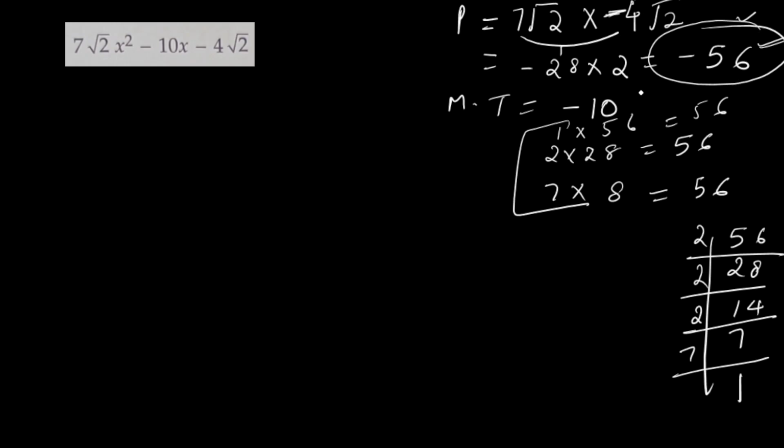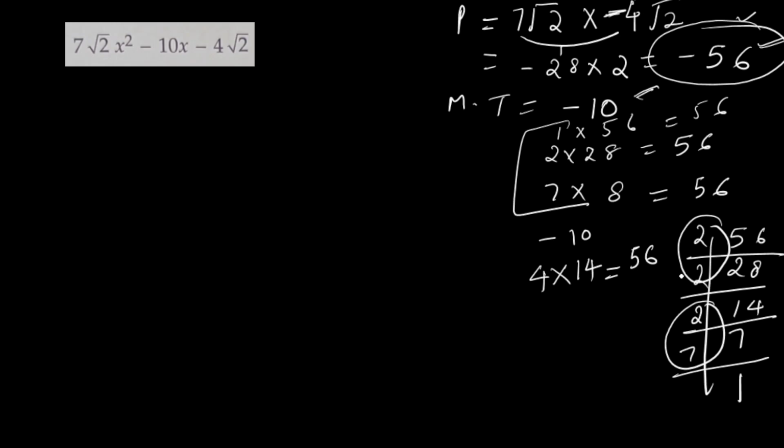So now we have to always focus on the middle term. So the middle term is minus 10. From minus 10 you have to see which numbers can give us this. So we can try it differently. I missed here one, 4 into 14, which is equal to again 56.